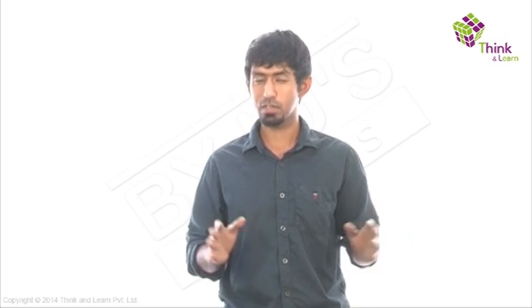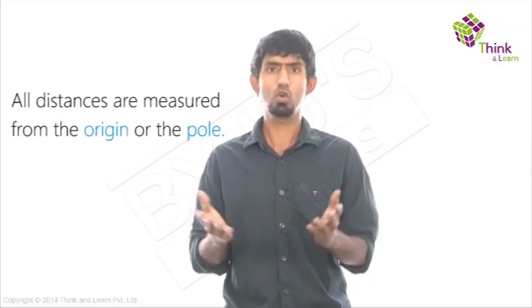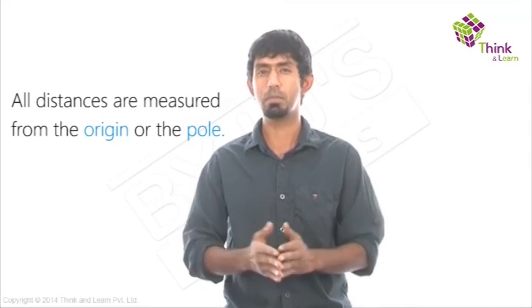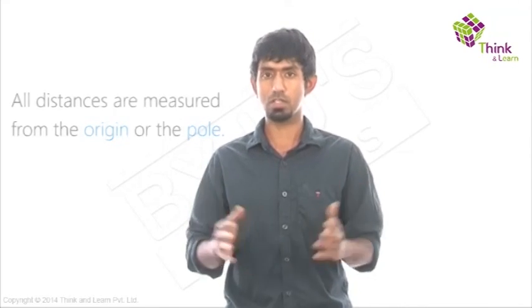No matter what it is, right is positive and up is positive, left is negative and down is negative. So with that in mind, the other thing we want to say is all distances are measured from the origin or the pole. It could be a mirror or as you would see in some time, it could also be a lens. It doesn't really matter. So now with this knowledge in our hand, we can jump in and try to find out where images form even without any pencil, paper, drawing, nothing, right?